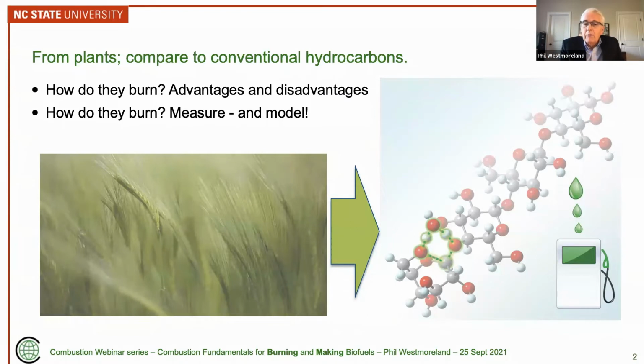And in that modeling part, I'll transition a little bit to talk about some general ideas about how combustion chemistry can be simplified a lot in terms of our description and our understanding of it, and how that maps over perfectly well to the oxygenated fuels that are characteristic of bio-oils.